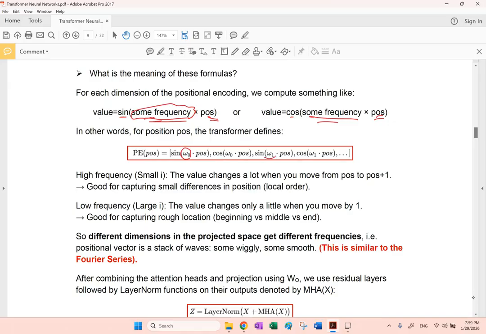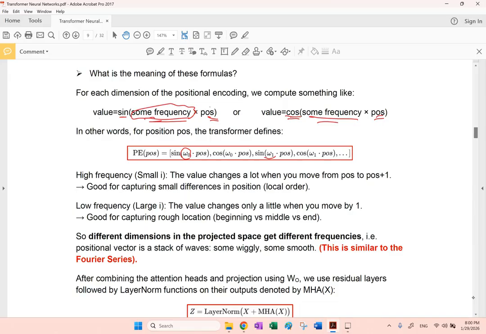For i of 2, omega 2, and so on. Your positions, which come from these values, are basically a bunch of pairs: sine of omega naught times pos, and the complement pair, cosine of omega naught times pos. This is for the first i, the first frequency.